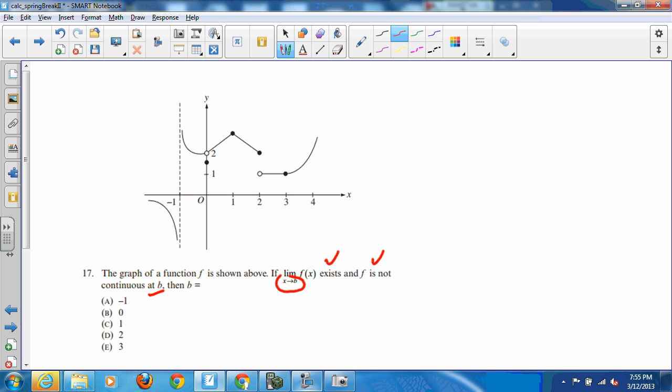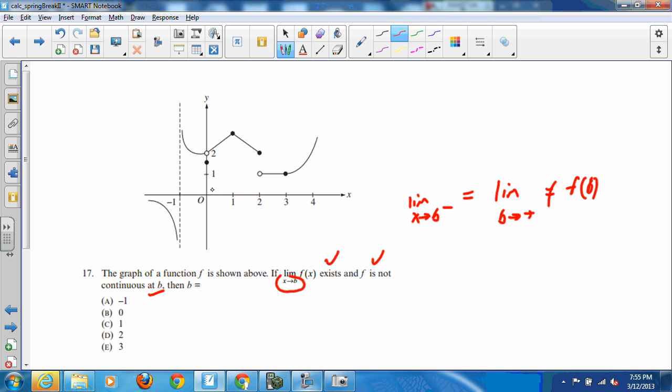The limit exists, but it's not continuous. That means the limit from the left has to equal the limit from the right, but the function value at b is not equal to the limit.